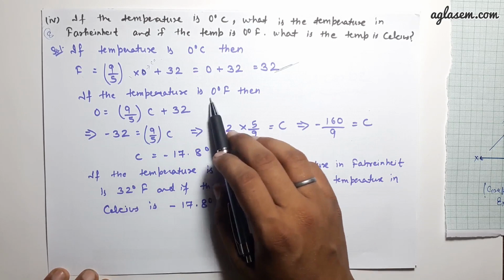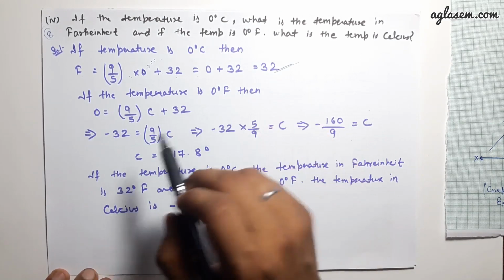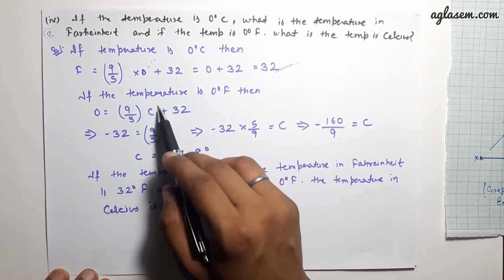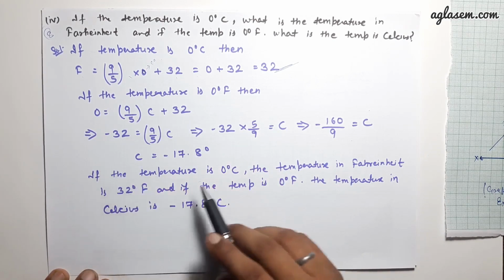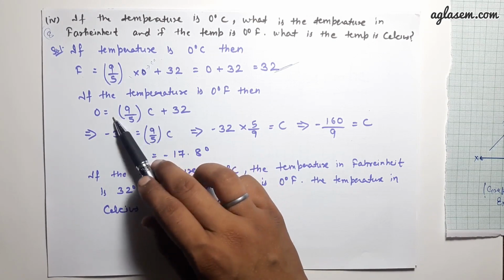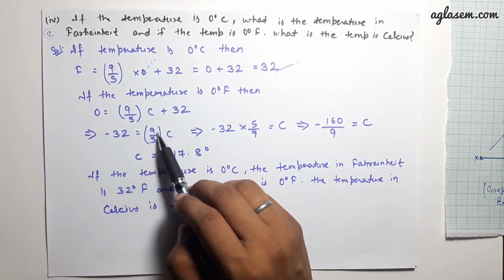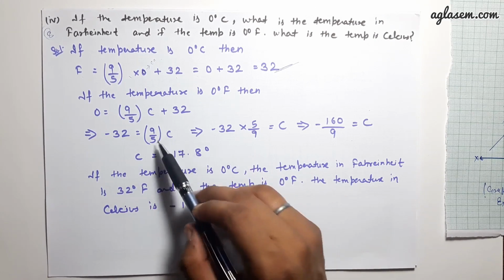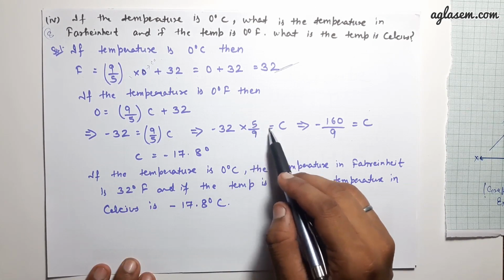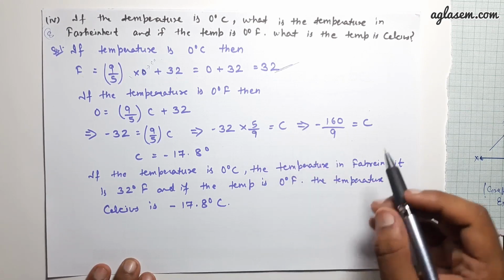If the temperature is 0 degrees Fahrenheit, then 0 equals 9 upon 5 C plus 32. Subtracting 32, we get minus 32 equal to 9 upon 5 into C. So after solving this, we get minus 32 into 5 upon 9 is equal to C.